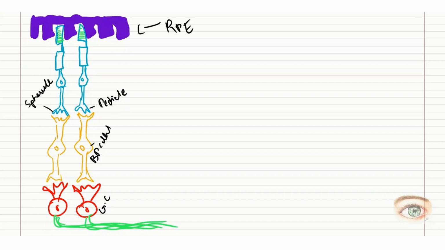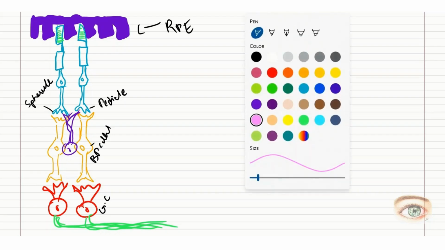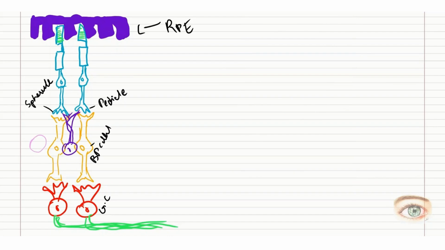Along with these bipolar cells, we're also going to have horizontal cells, which are going to synapse with the rods and cones, and also we will have amacrine cells, which are going to synapse with the ganglion cells.